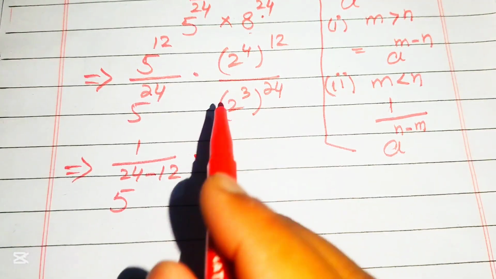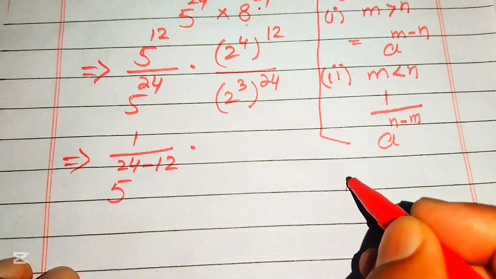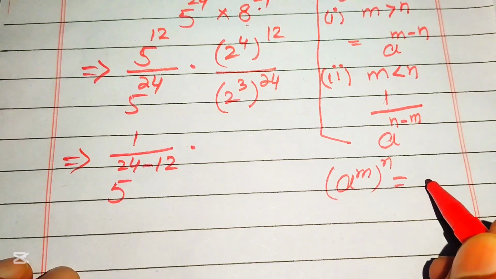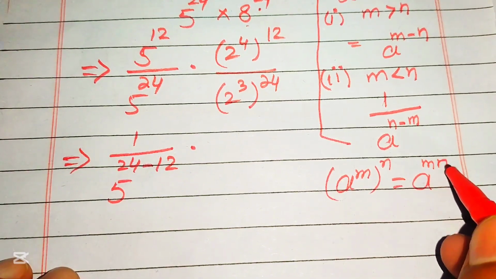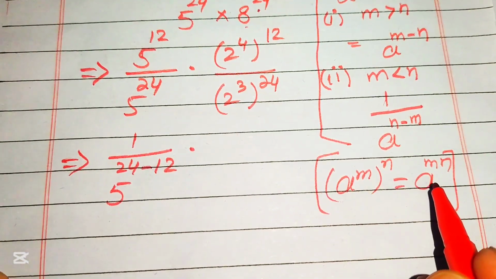And here we apply another exponent law. You see here we have an exponent to an exponent, so we apply this exponent law. If we have an exponent to an exponent, these exponents are multiplied by each other, and we obtain a to the power of mn, equal to m times n.